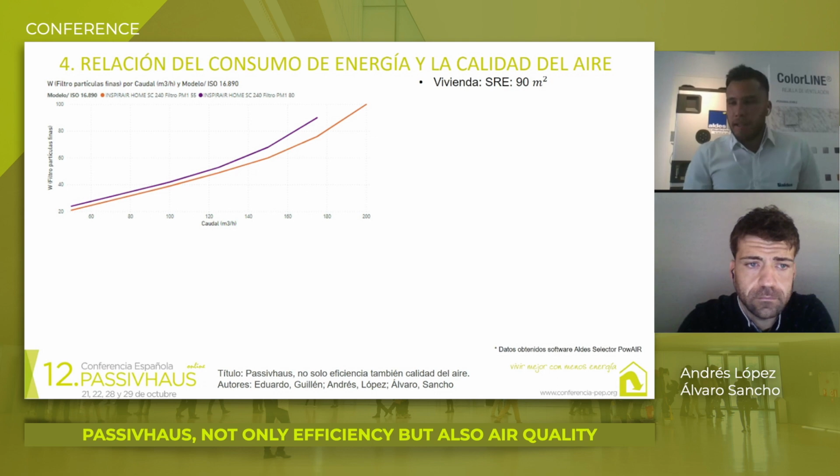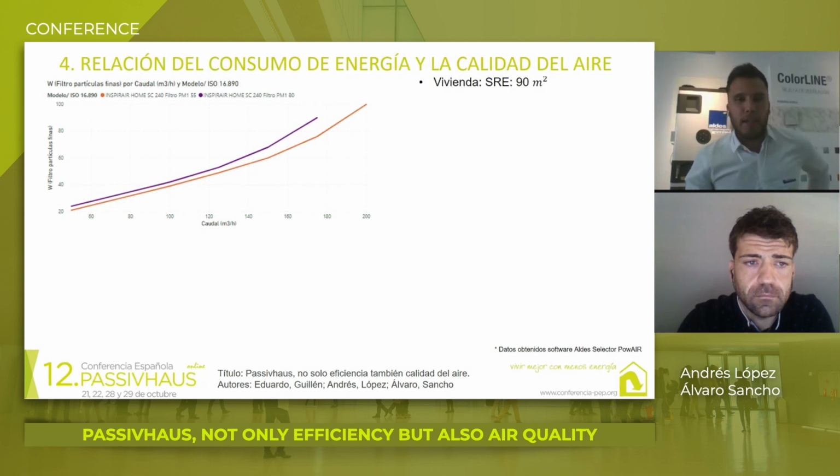It's to be expected that higher filtration will lead to an increase in load loss or charge loss, because filters present greater loss, and as a result this would increase consumption. That would be the normal behavior of the curve, which would rise.